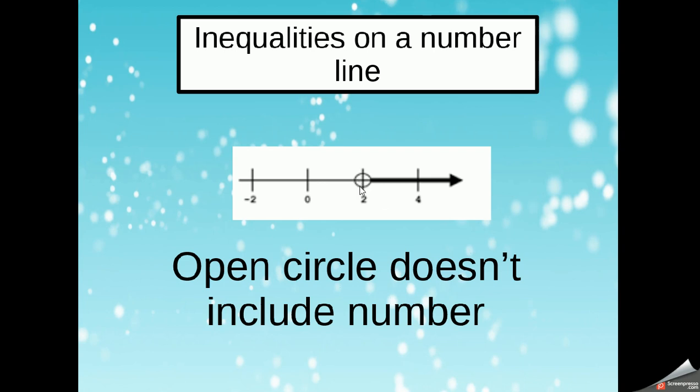Here we've got an open circle, not one coloured in, which means it doesn't include that number. In other words, this number line represents x is greater than 2, because the arrow shows that all the values are potentially above 2, and the circle says that it's not including the equal to. So it's not greater than or equal to, it's greater than.